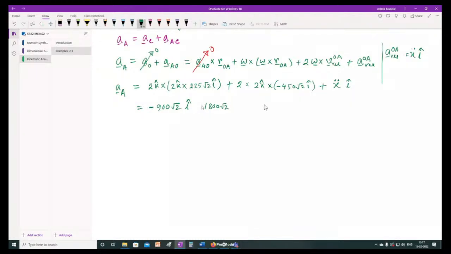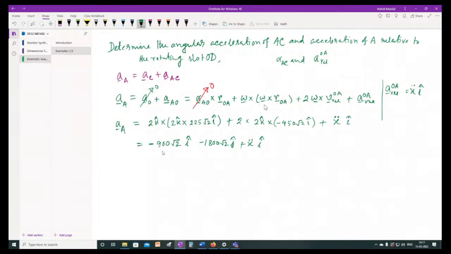Negative sign होगा ना? Yes, sir. Plus x double dot. So here the only unknown is this x double dot. These two are known to us. Let us now use the other equation.